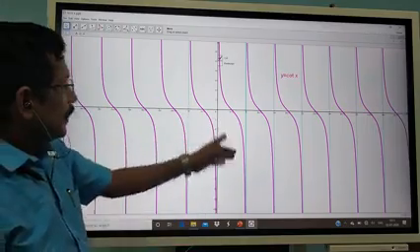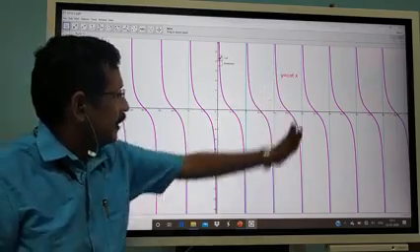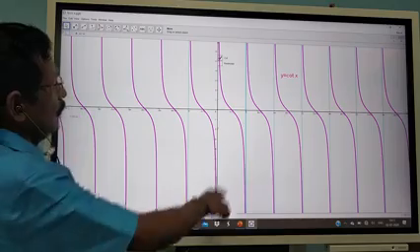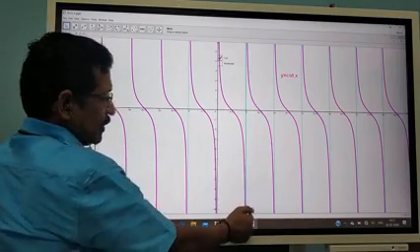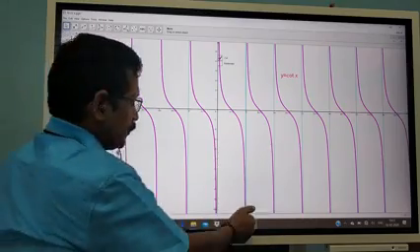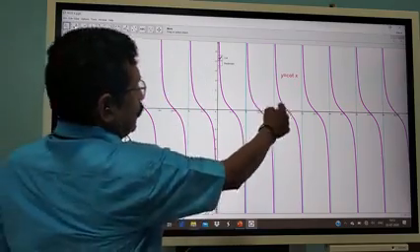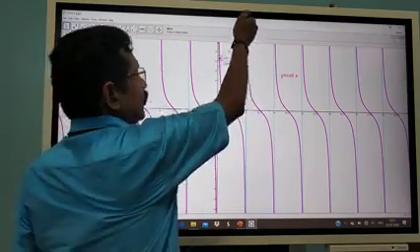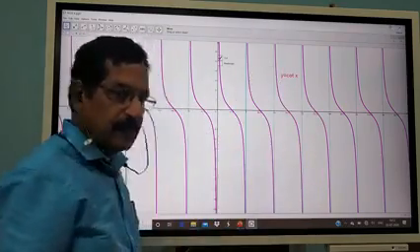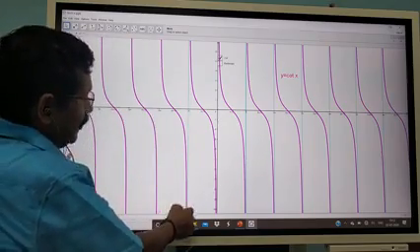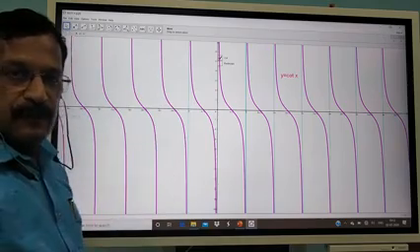Now, you can see that there are some green dotted lines. See, between 0 to pi, the cotangent takes values from minus infinity to plus infinity. Pi to 2 pi also it takes minus infinity to plus infinity. 2 pi to 3 pi also it takes minus infinity to plus infinity. And in minus pi to 0 also it takes minus infinity to plus infinity.